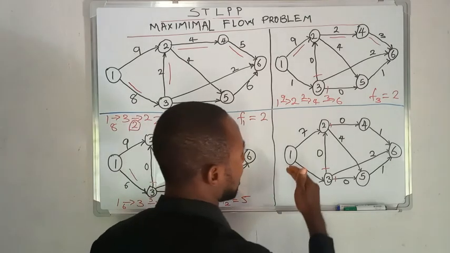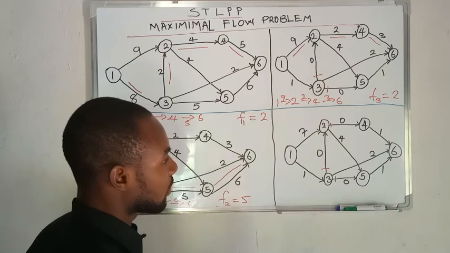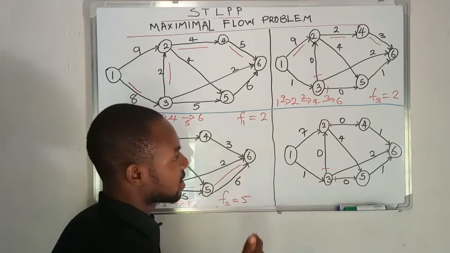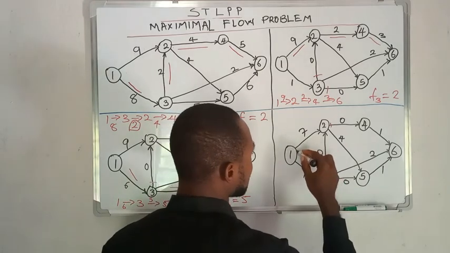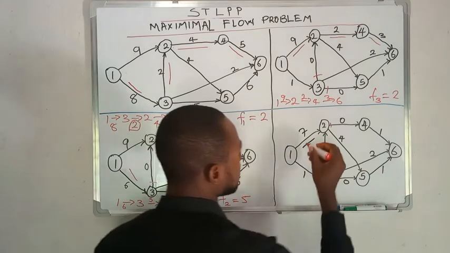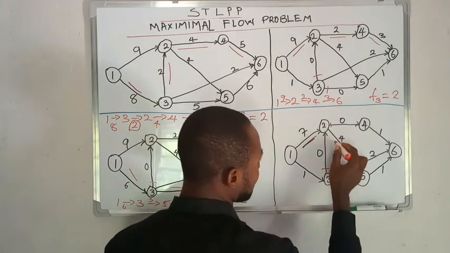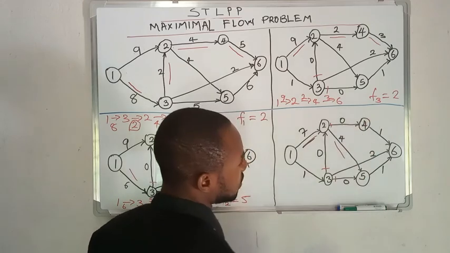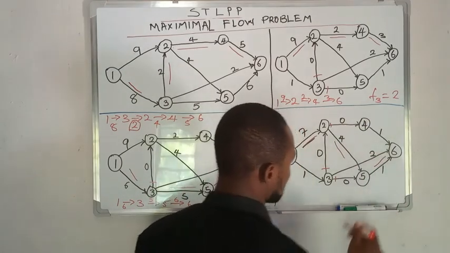So right here we have these, but we can still go through some other paths to get to 6, which is the sink node. So we can decide to go from 1 to 2, and then we can go from 2 down to 5, because we can no longer go through this place, and then from 5 we go to 6.